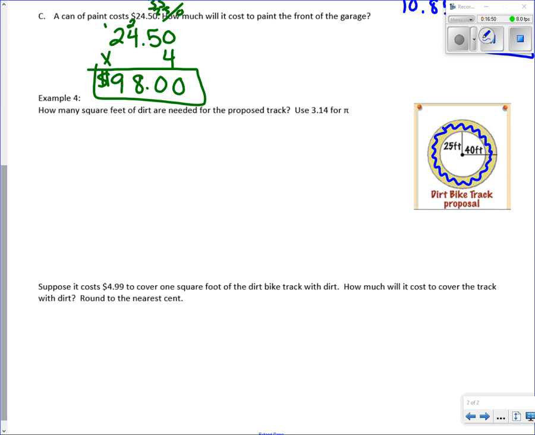Okay. So, like I said before, I'd like to get a game plan. We have to do this big circle, which is this whole area, including the white in the middle. And so we want area. So our first step is area of the large circle.